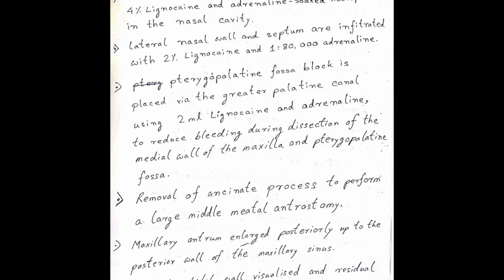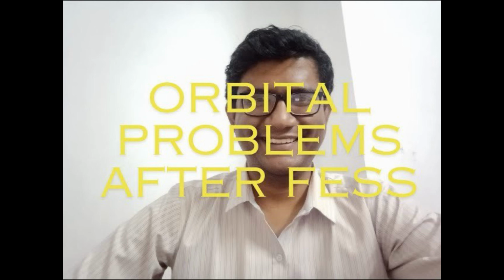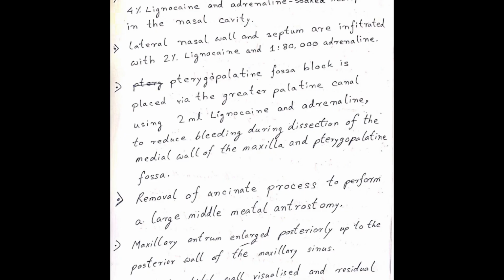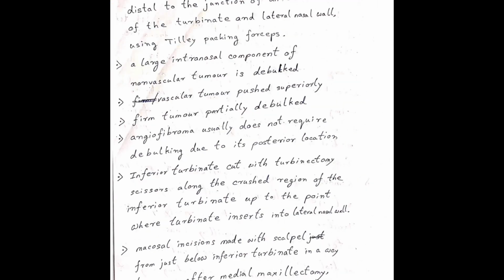Maxillary antrum is enlarged posteriorly up to the posterior wall of the maxillary sinus. If you have watched my video on orbital complications of endoscopic sinus surgery, then you would know that maxillary antrum, if enlarged anteriorly, can cause iatrogenic damage to nasolacrimal duct. Moving on, medial orbital wall is then visualized and residual medial maxilla is removed without endangering orbit.